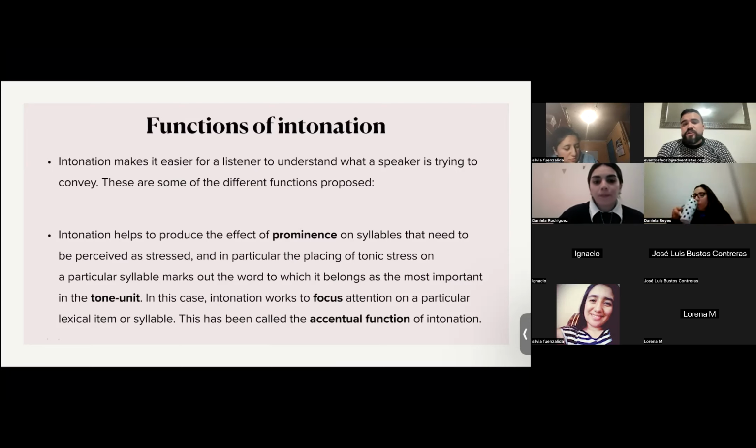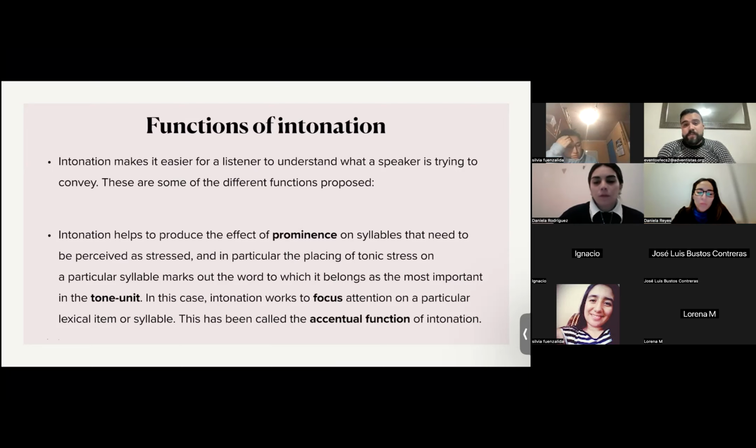In this case, intonation works to focus attention on a particular lexical item or syllable. Well, we have been studying a lot, and you can see that sometimes there are certain words that should not be stressed. For example, we talked about some grammatical categories.